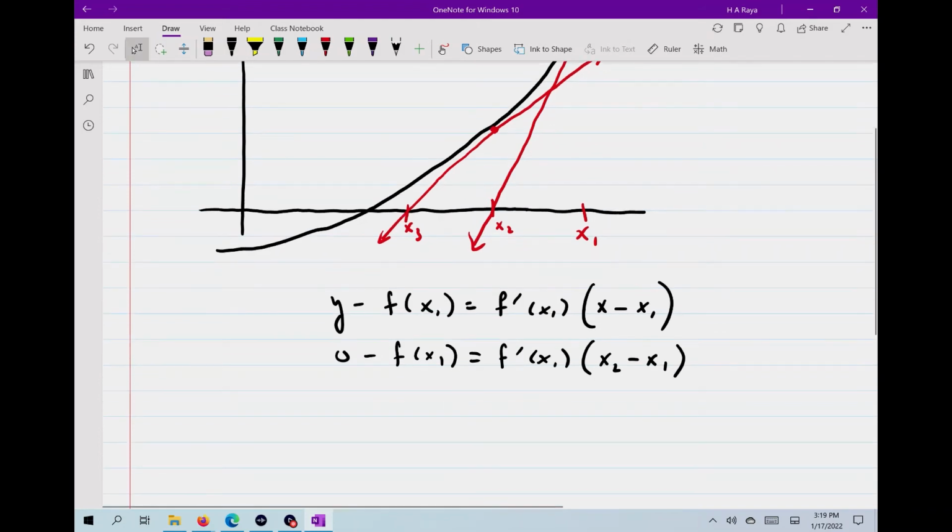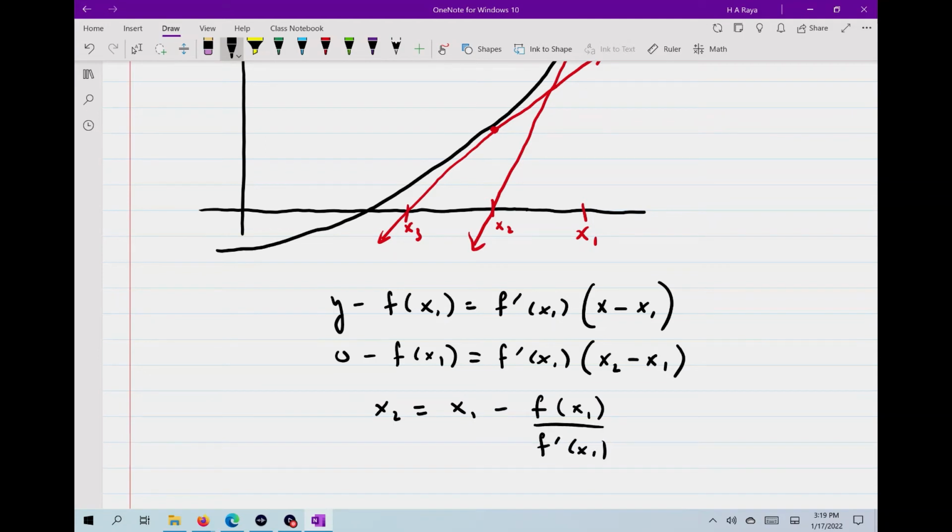In this equation, if we solve for x2, we would have that x2 is equal to x1, our previous value, minus f of x1 divided by f prime at x1. Again, this is the value for x2, where our first tangent line intersects the x-axis.